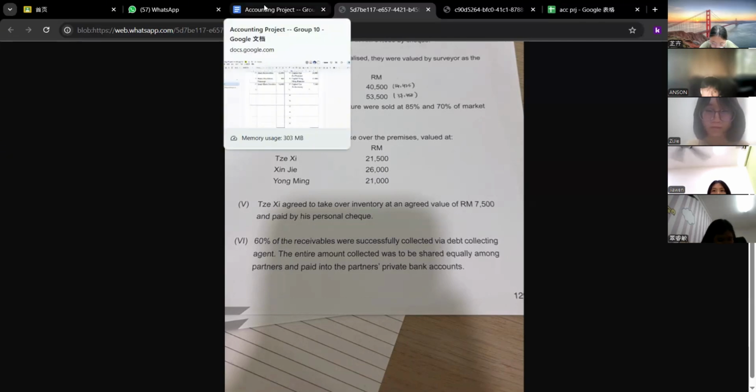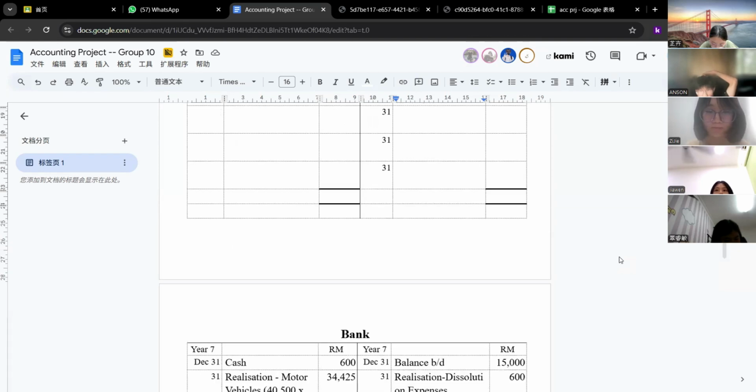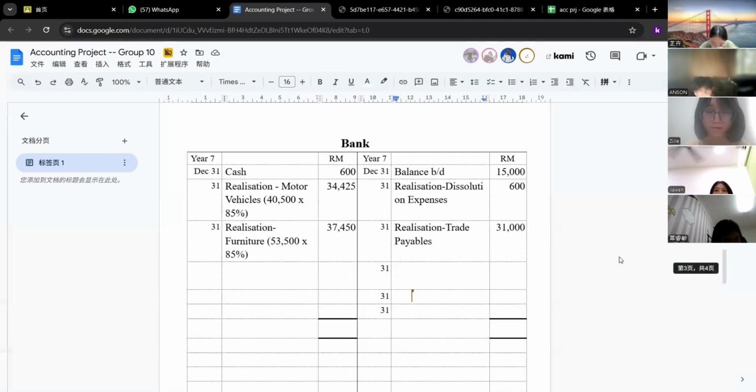Without account, we have 22,000 worth of trade receivables. 60% was paid successfully, so we left the 40% which is unpaid.